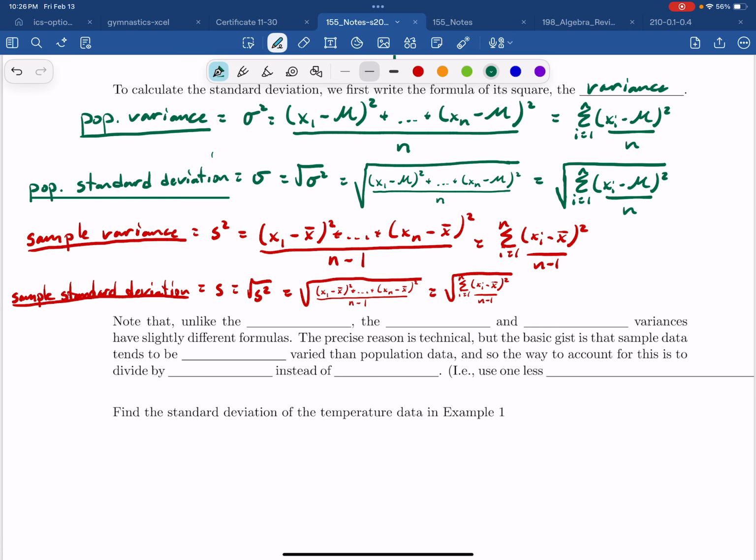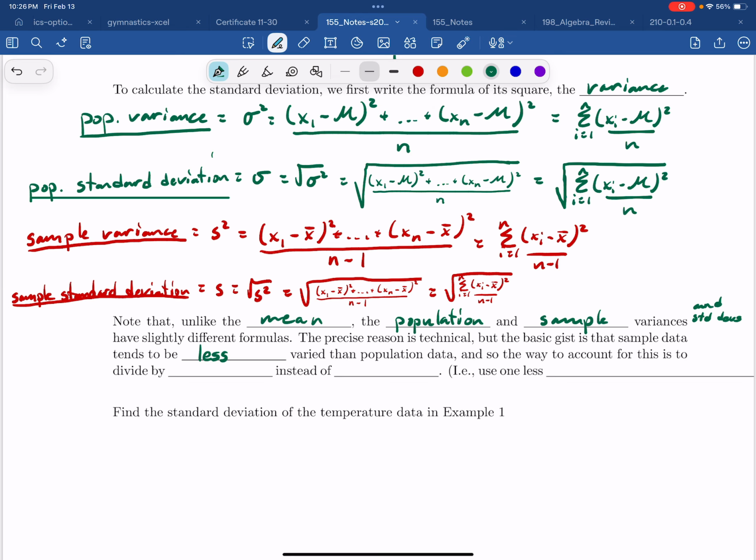Now, I just want to point out that unlike the mean, median, or mode, the population and sample variances, and hence standard deviations, have slightly different formulas. The real reason is technical, but the book gives a nice quick explanation, which is that sample data tends to be less varied than population data.